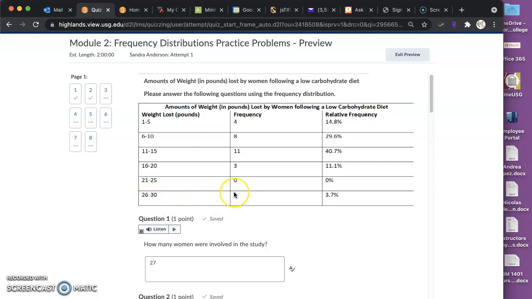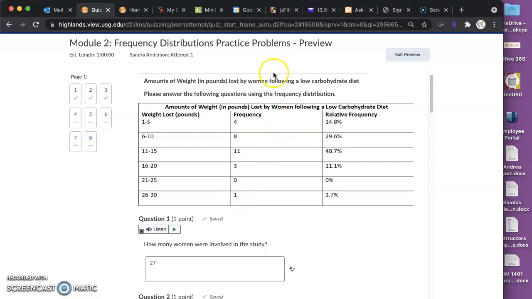If you knew there were 27 women, you would count the rest of the frequencies, so it would be 27 minus the rest of the frequencies to fill this in, and that would be 1.